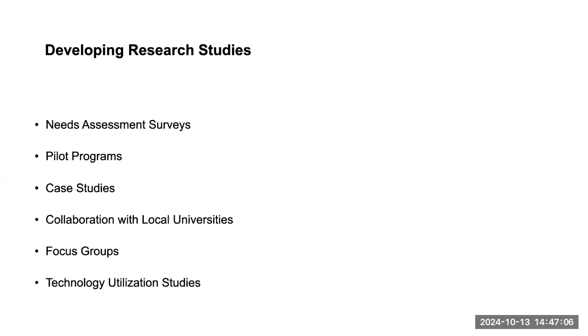So we also have to talk about focus groups with teachers, parents, students. It has to be a collaborative project to be implemented. It can't happen at once. It requires a lot of preparation and contribution from different stakeholders. And of course, technology utilization studies.